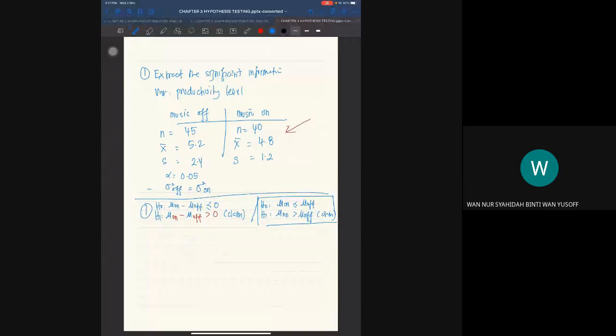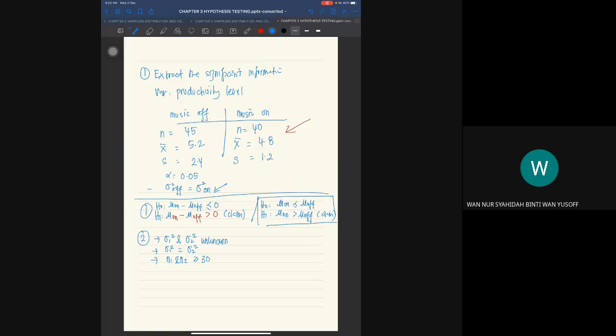Okay, step 2, formula. The first condition: sigma is known or unknown? In this case, unknown. Second condition, we have this equal. Third condition, n more than 30.